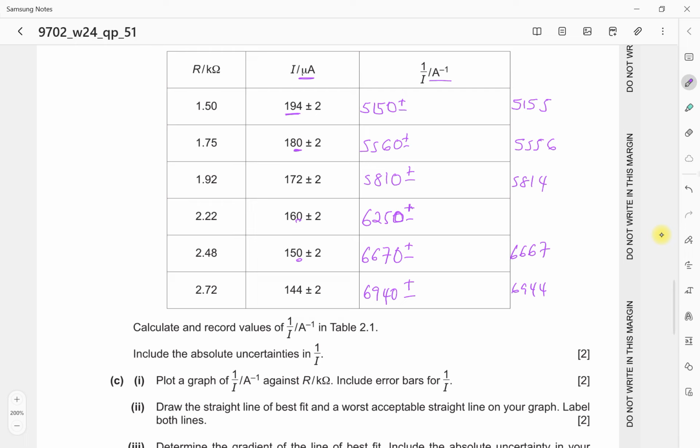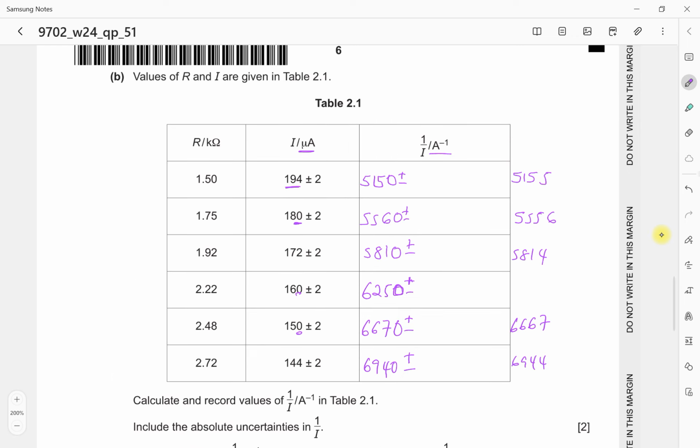Then for the uncertainties, let's say that y equals 1 over I. It means the uncertainty in y is going to be equal to the uncertainty in I divided by I, because this is a fraction. This is the same as I power 0 divided by I power 1, so we treat it the same way we treat division and multiplication.